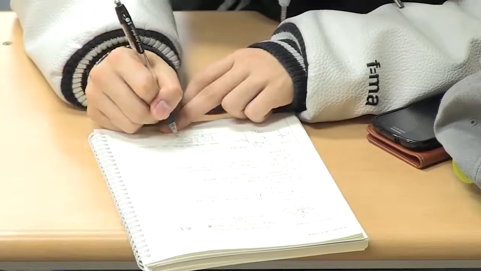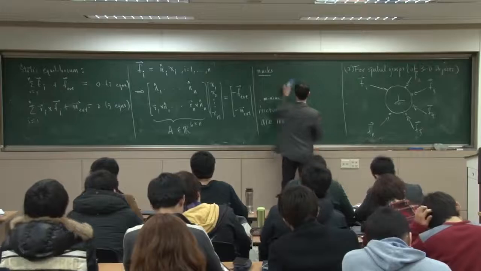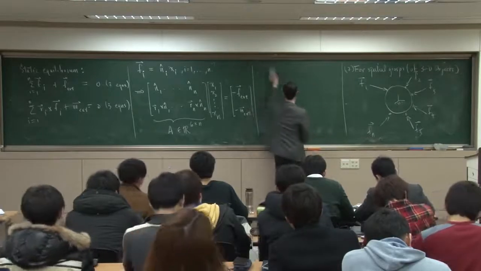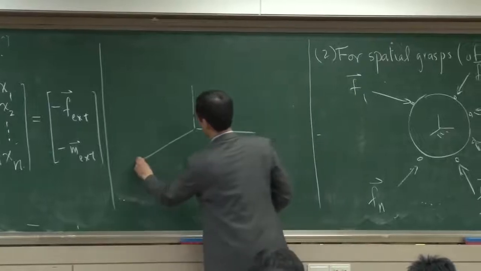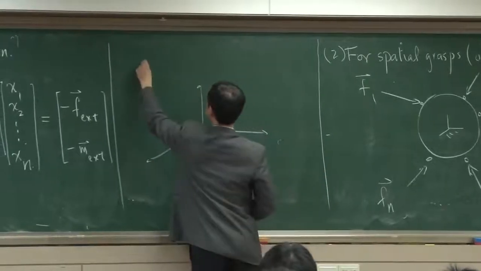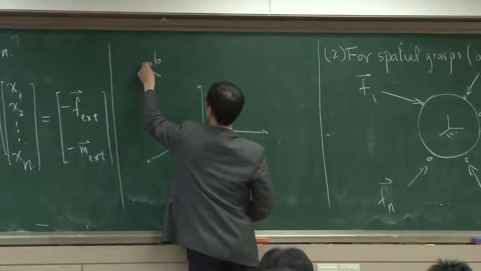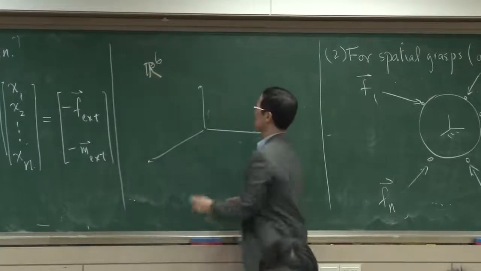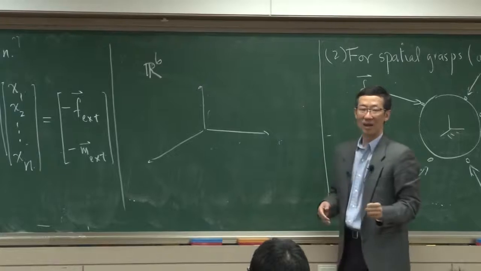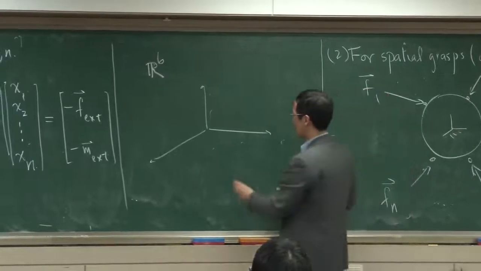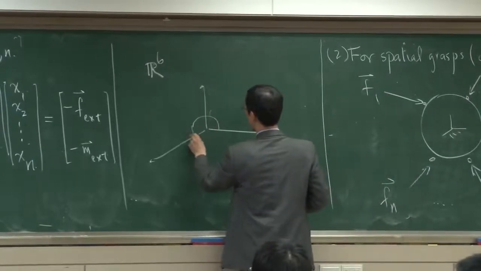Let's draw a picture to help us. Now you have to use your imagination. This is now six-dimensional space. It's like a yin-yang sign. We have a six-dimensional open ball here.